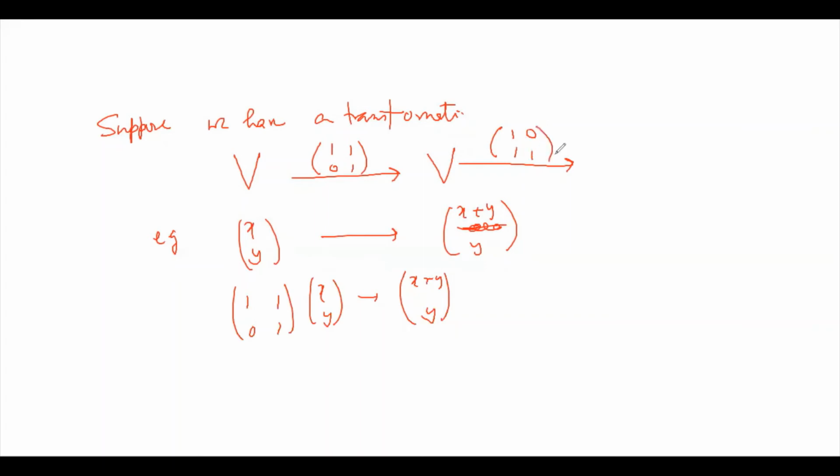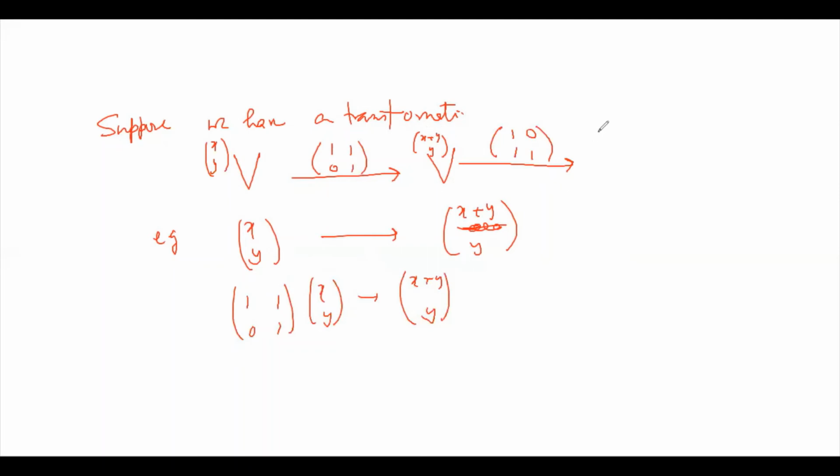So what does this one do? We had an xy here, and that became x plus y, y. Now this one takes this, and what does it do? So take a vector xy here.